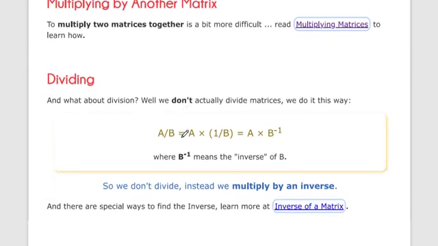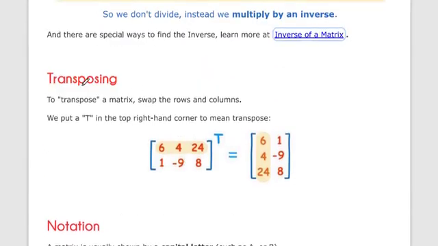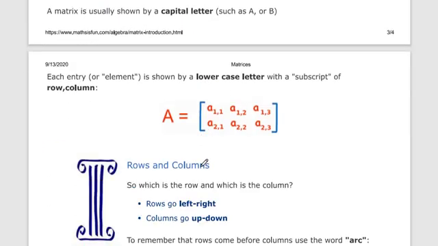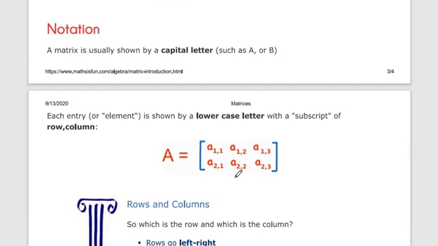Transpose: transfer row into column or column into row. Also notation like this: first we have to write the row number and then the column number. This is first row, first column, this is first row and second column, so A12. So like this, first we have to write row and then column.